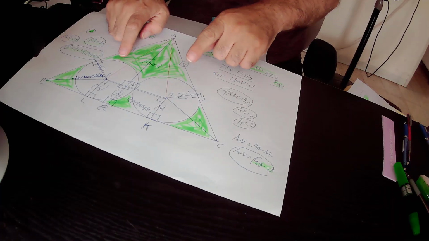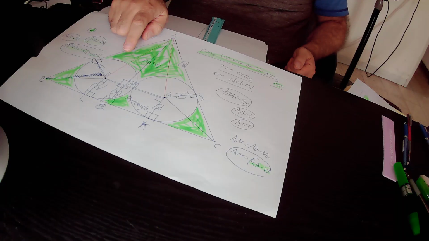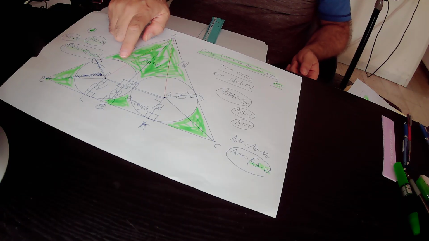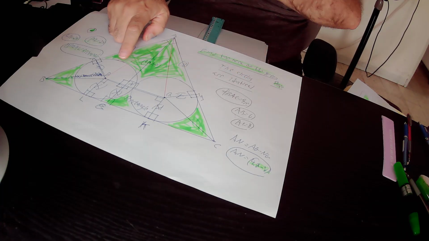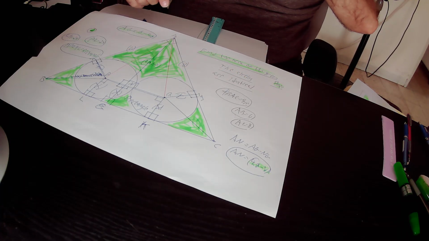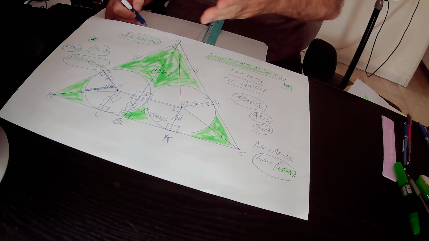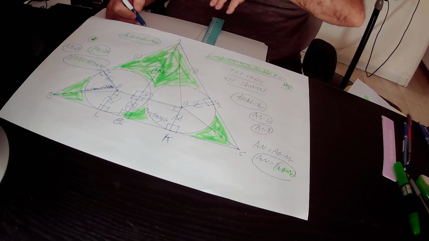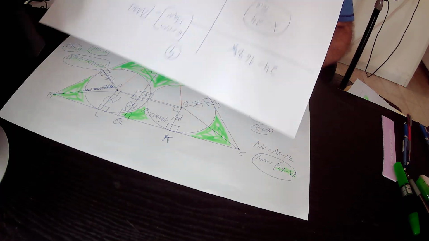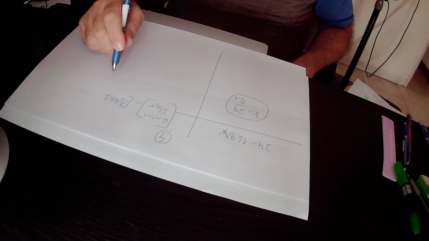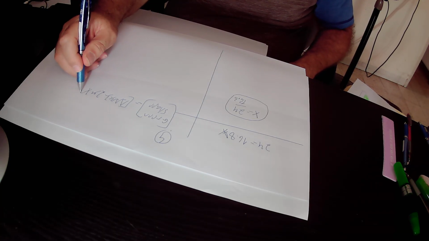They are identical and therefore they have the same areas. So it is the area of one circle times 2. The area of one circle is pi x squared. So the sum of the areas of the two circles equals 2 pi x squared.